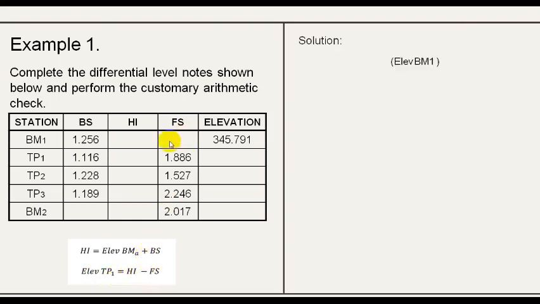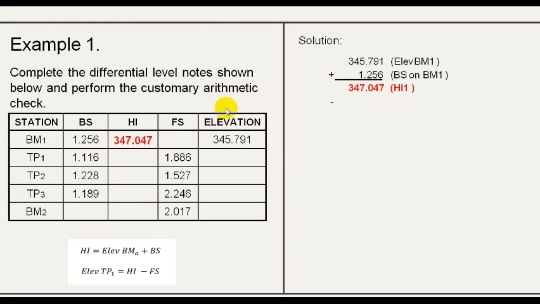So, para makuha, elevation of benchmark 1, which is 345.971, kanya, ibutang sa formula, plus sa atong backside, which is 1.256. Then, makuha nang atong height of instrument sa first setup, which is equals to 347.047. So, ato na siyang i-fill in ang cell.